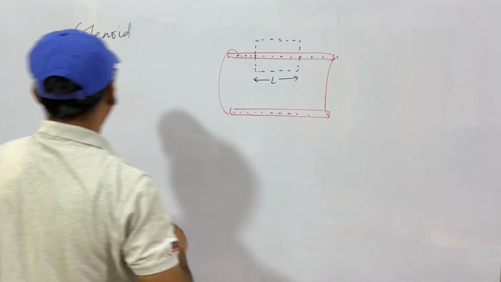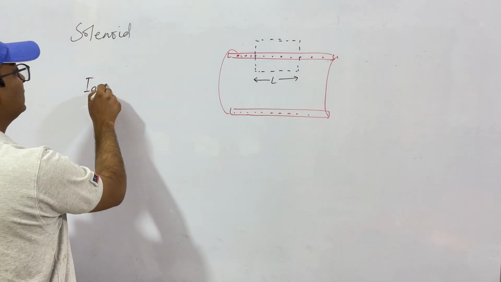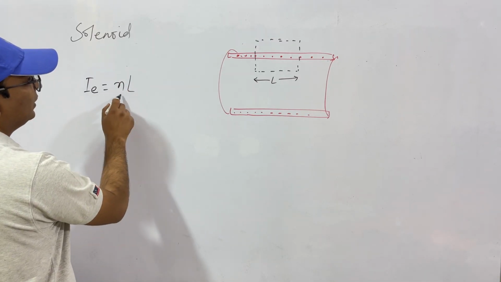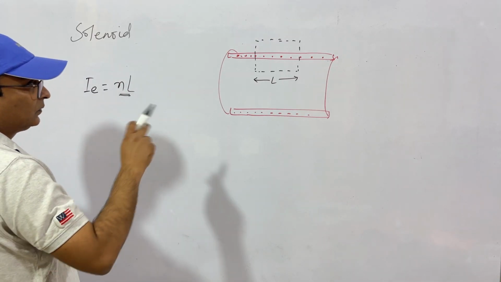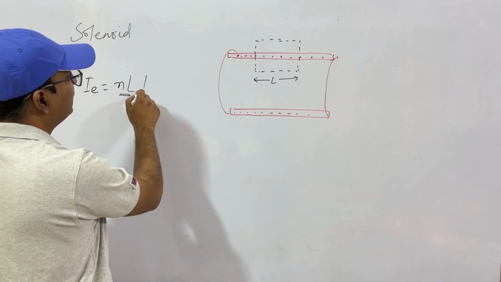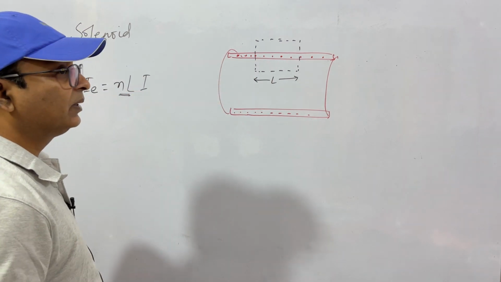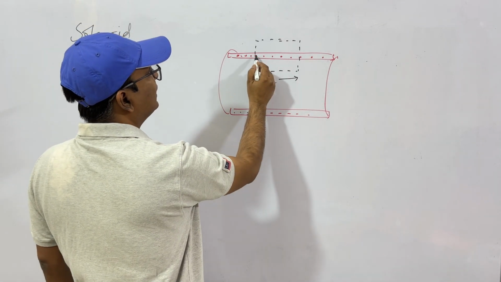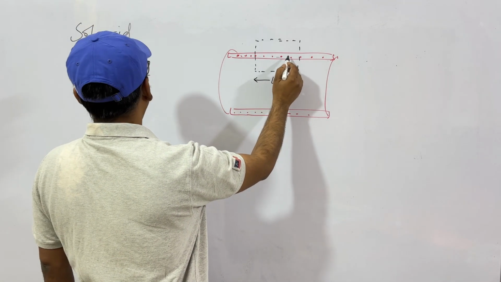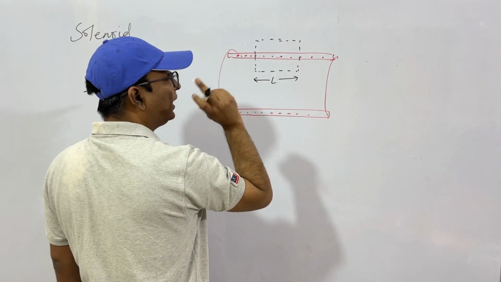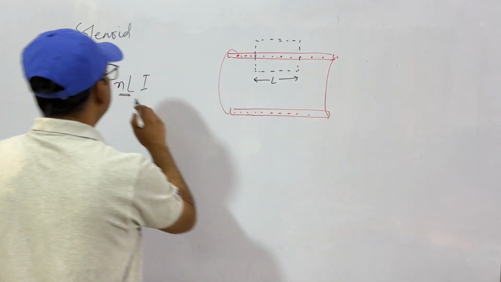What is the current? Let N be the number of turns per unit length. So the total number of windings is NL, and let the current carried by one wire be I. So if you have NL number of wires and every wire is carrying I current, the total current enclosed is NLI.